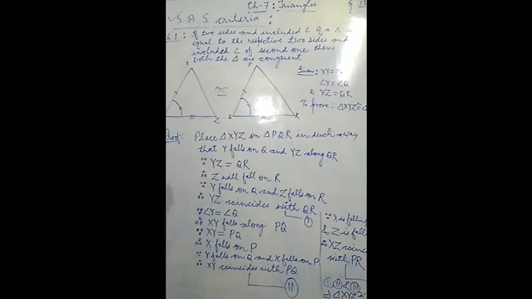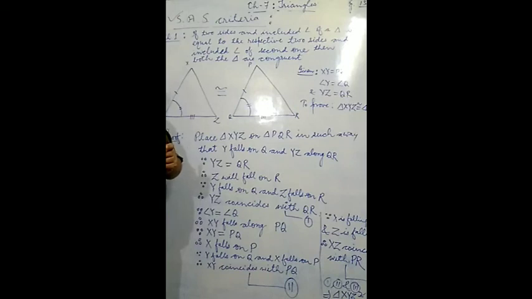Now one thing is remarkable: before writing this theorem, on page number 134 of your NCERT book, the summary of this chapter is given. So what to do? Firstly you will mention chapter number 7, then on the very first page you have to mention the summary of the chapter which is given on page number 134.